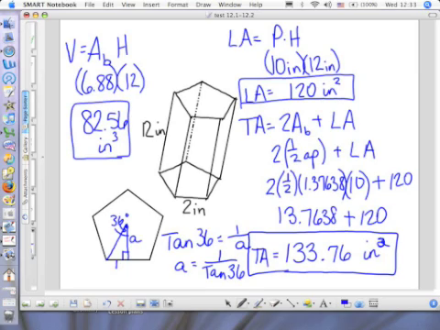So if you take it bit by bit, it's not too bad. Because for volume, you took an area, inches squared, times another dimension of inch. So inch squared times inch gives you inch cubed.